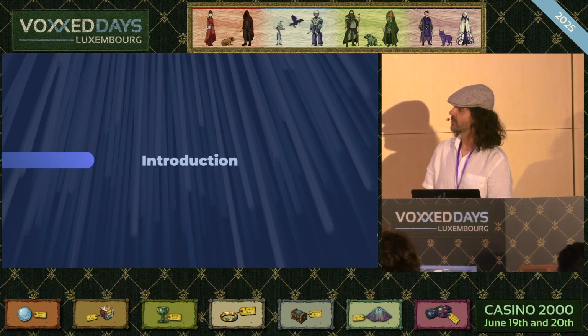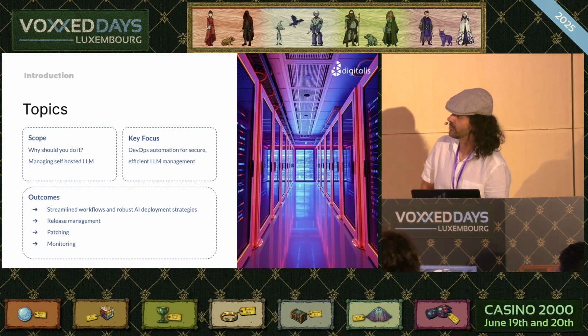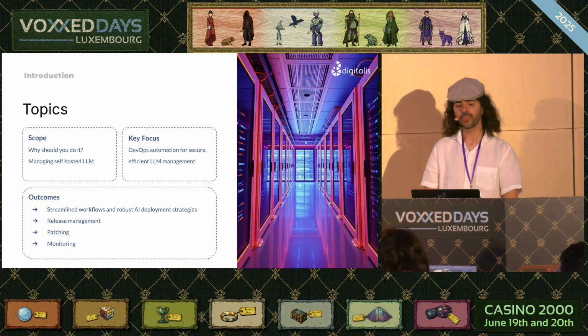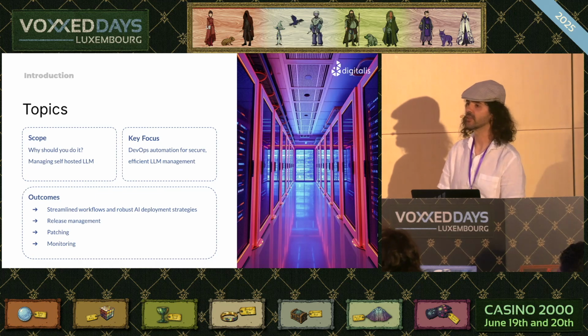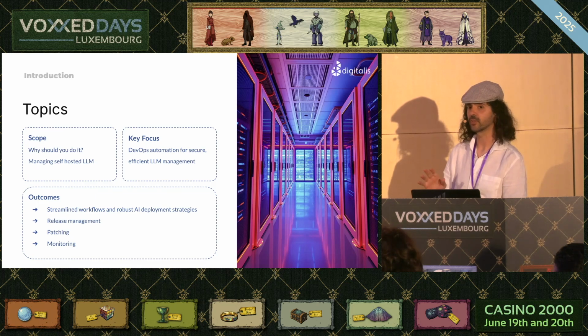So what we're going to be talking about today is why we think there's a need to deploy LLMs internally on private networks. I'm going to argue the case for and against doing those. This is not a talk about creating an LLM.